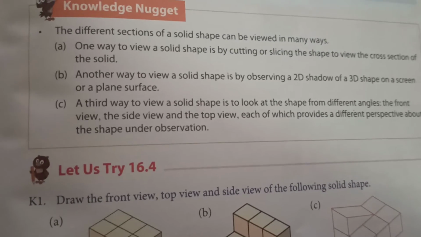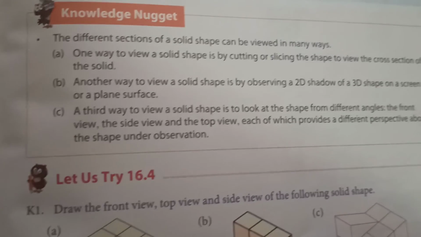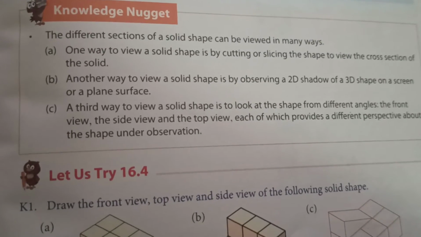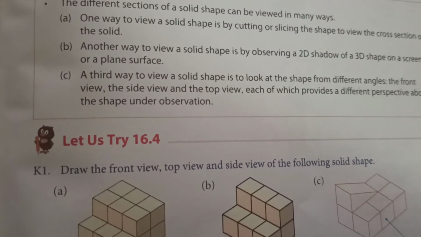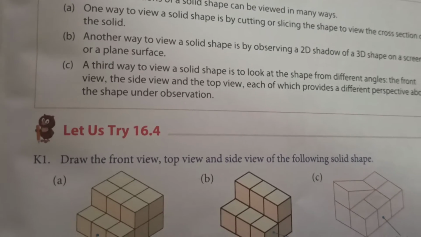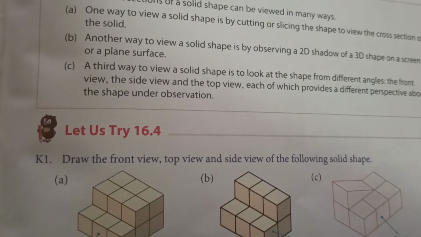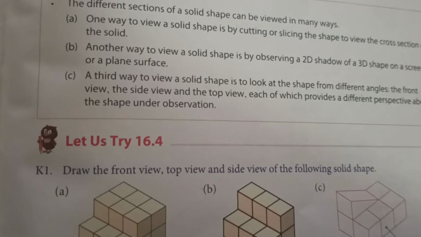Another way to view a solid shape is by observing its 2D shadow, the shadow of a 3D shape on a plane surface or screen with the help of a torch. If you place any 3D object in front of the torch, the shadow of that 3D object will tell you about it.